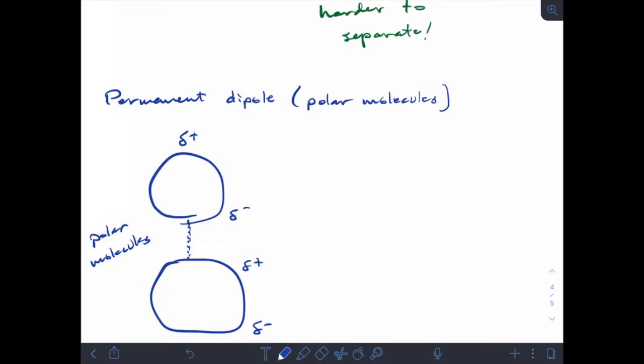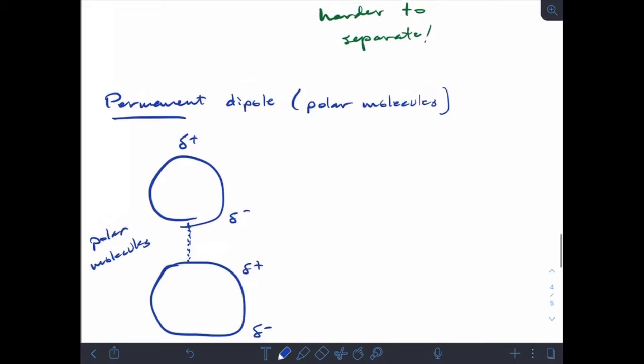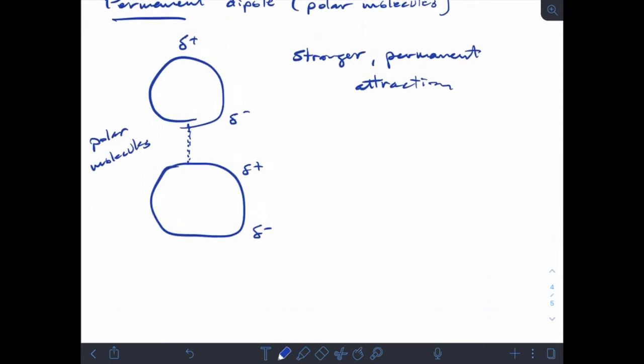The important thing is that because this is permanent, I have a stronger permanent attraction. My dispersion forces are weaker because they're momentary attractions. They're constantly shifting. But if I have a molecule that is permanently polar, then I can have these interactions. And you all remember that my favorite molecule is water. Water does this really well.